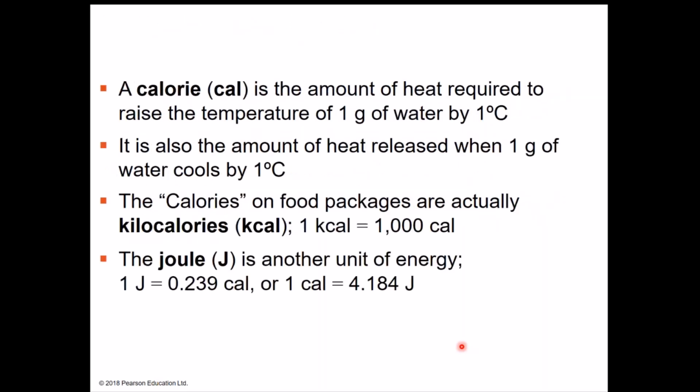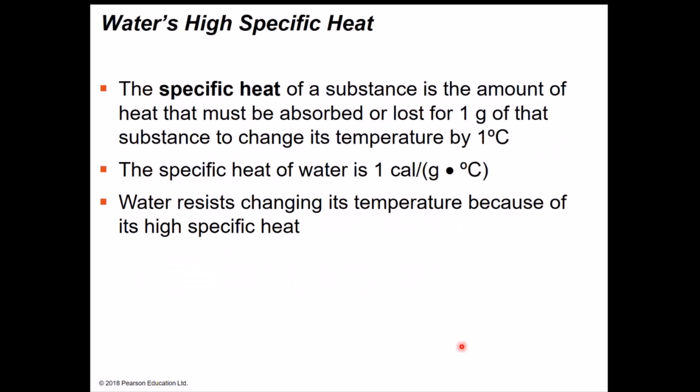So between the calorie and the amount of heat which is required to raise temperature, this will be how your calorie is required. It's the measure in which these calories are required to change this kind of temperature. But in terms of the specific heat of a substance, it is the amount of heat that must be absorbed.